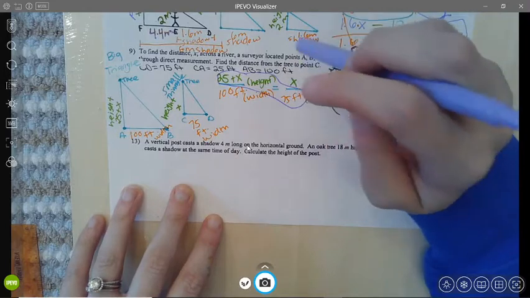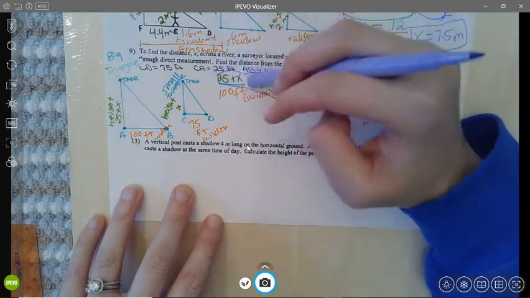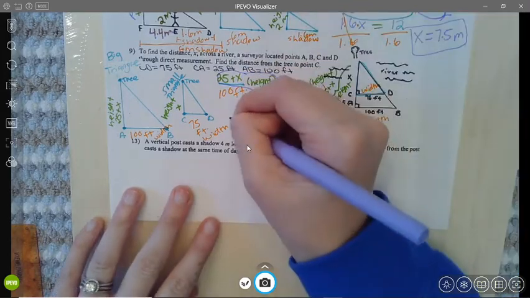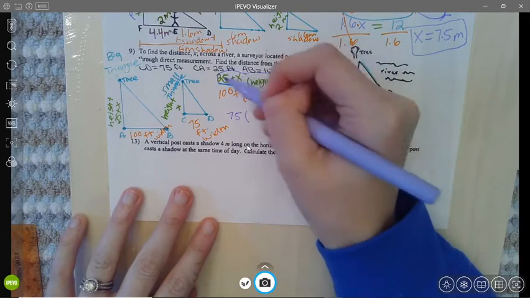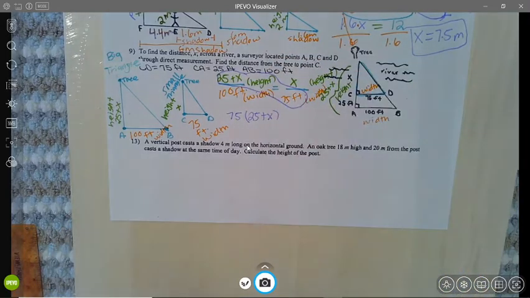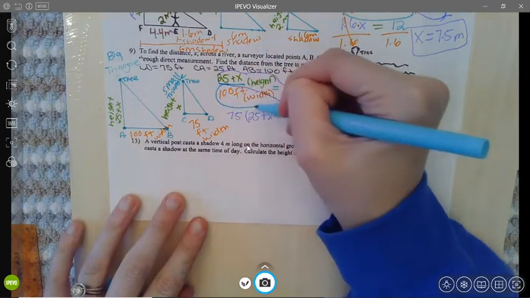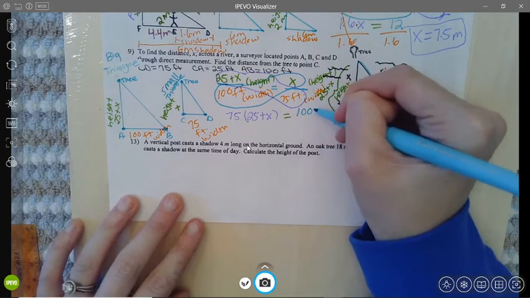So I'm going to group this in parentheses: 75 times the whole thing, 25 plus x. And that will equal, going the other way, 100 times x, which is 100x.